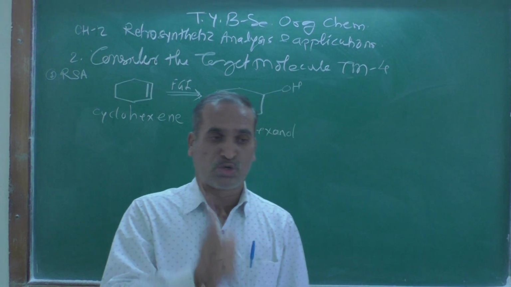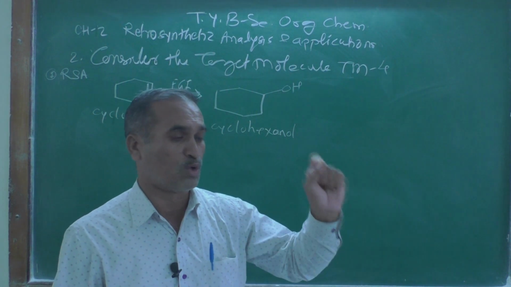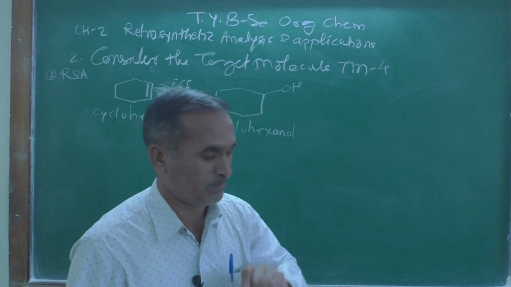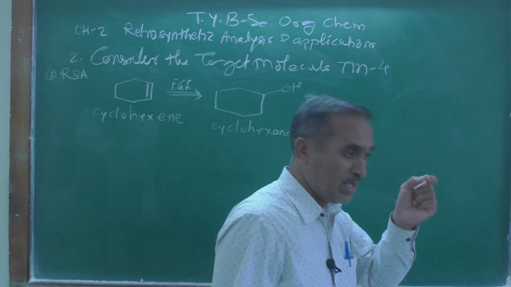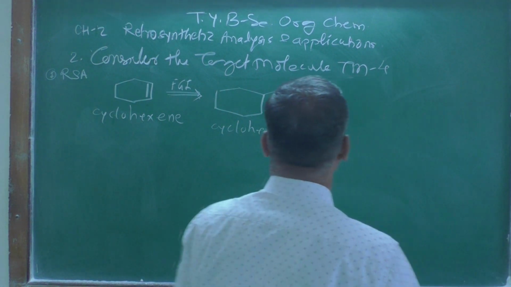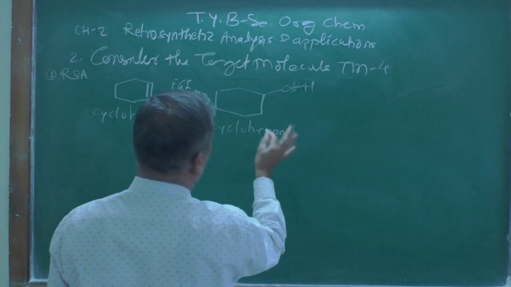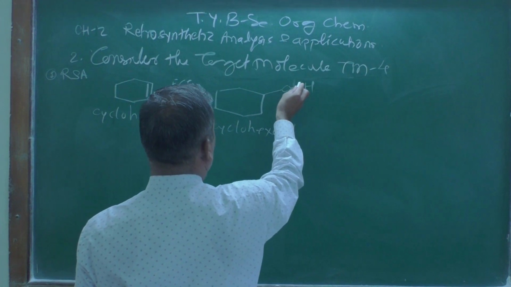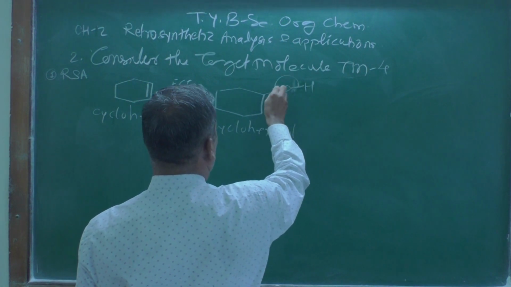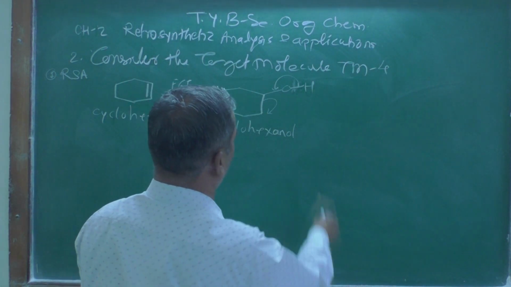And once you know the alcohol, and as we know how the alcohol gets broken down, or how disconnection appears over there. Let us see here, this sigma bond forming as a double bond with this, and this bond is breaking like this.